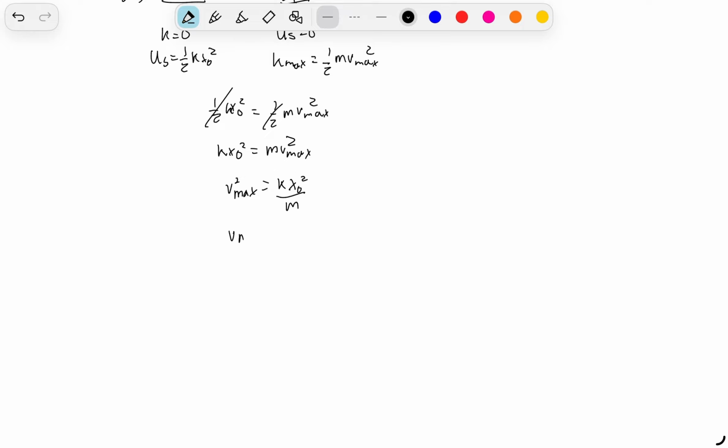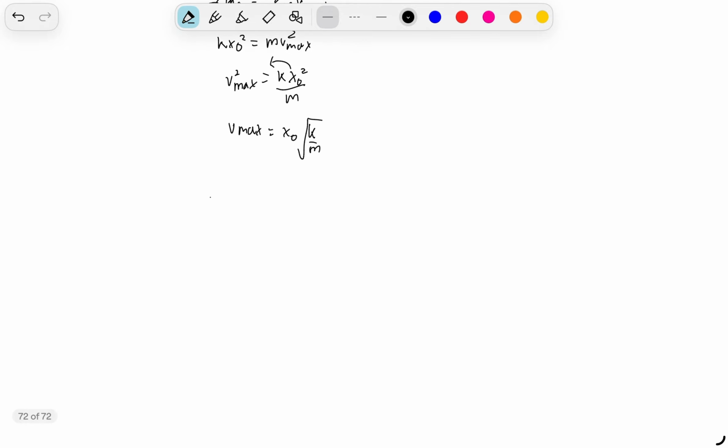So v maximum is just equal to the square root of k over m times x naught. We can see that our v max is going to be at our equilibrium, because all of your U_S is equal to 0 and has become kinetic energy.